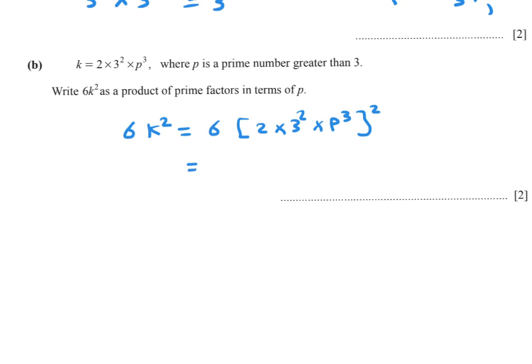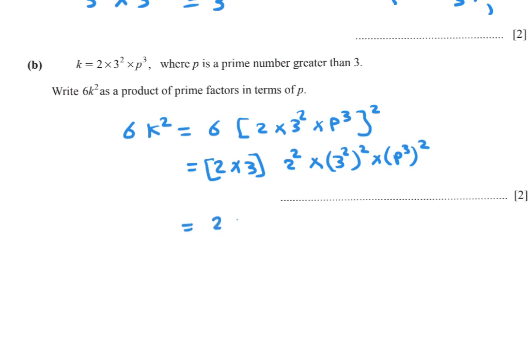We need to write it as prime factors, so we can factorize 6 as 2 multiply 3. Now for this number we have a power, so we need to distribute the power. So this means 2 power 2 multiply 3 power 2, all power 2, distribute the power, times b power 3, all power 2.